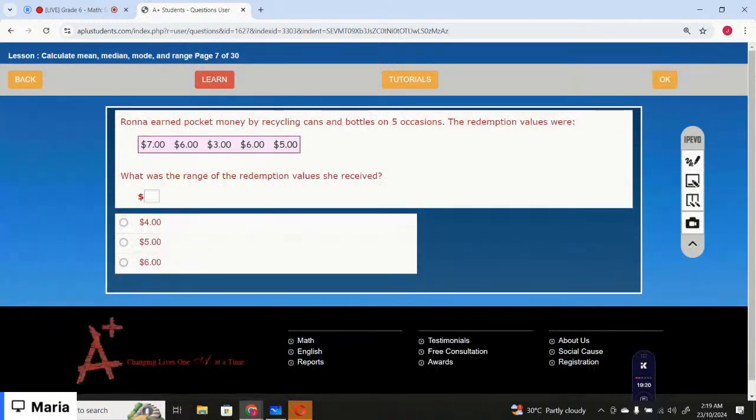Rona earned pocket money by recycling cans and bottles on 5 occasions. The redemption values were 7, 6, 3, 6, 5. What was the range of the redemption values she received? So which is the correct option? You need to calculate the range. The range is the difference of the greatest value in the given data, take away the smallest. So you have to do 7 take away 3.